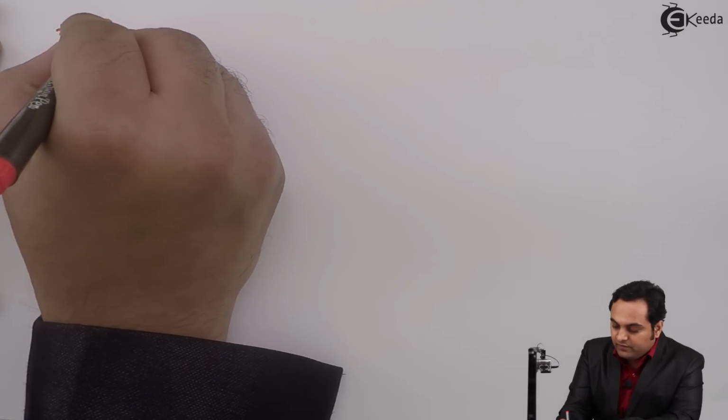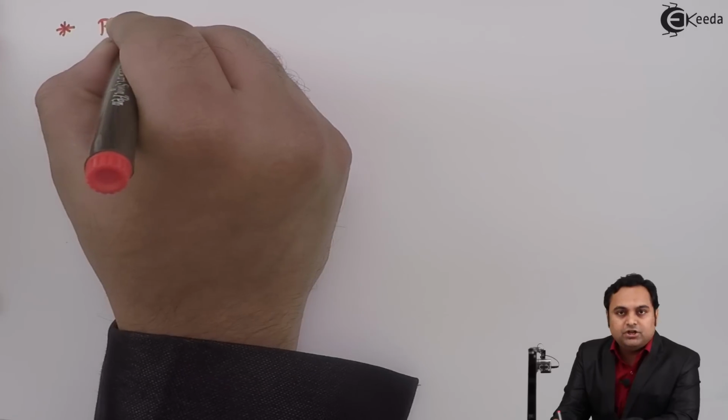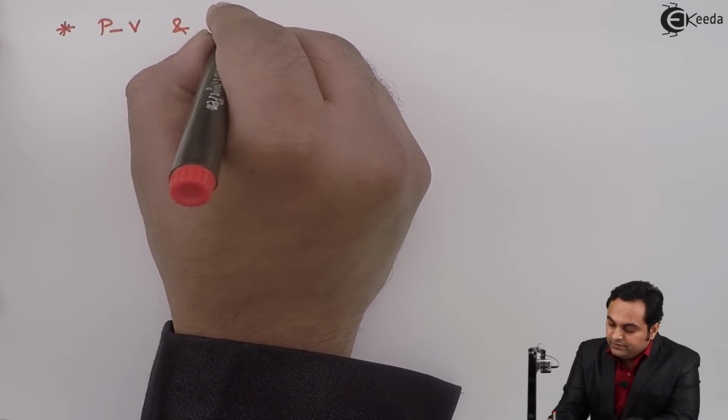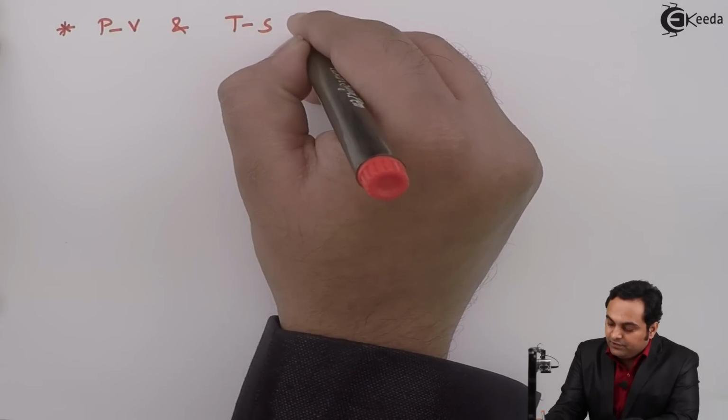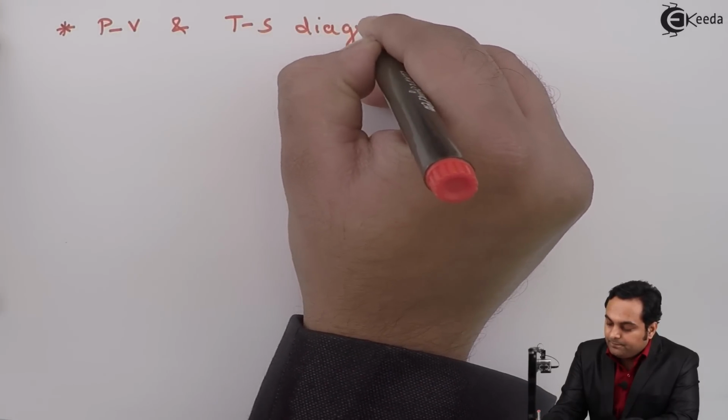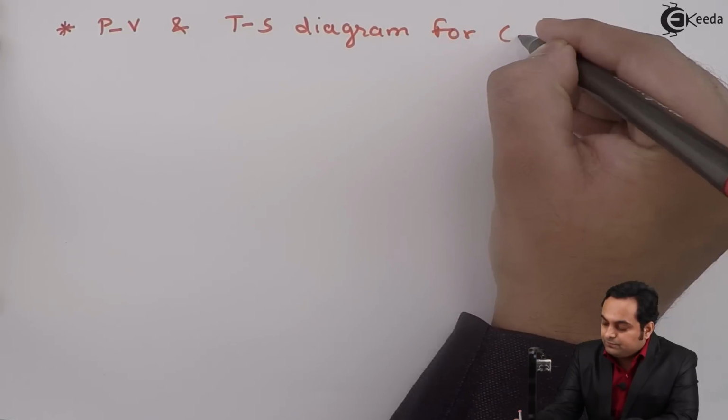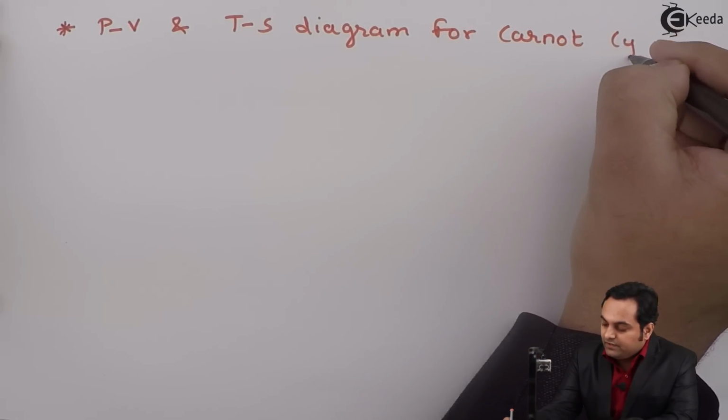So here we have PV, that is pressure and volume, and TS, temperature entropy diagram for Carnot cycle.